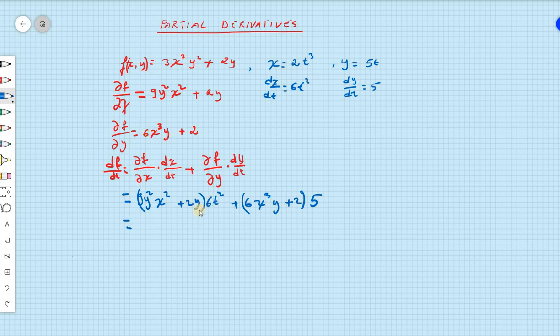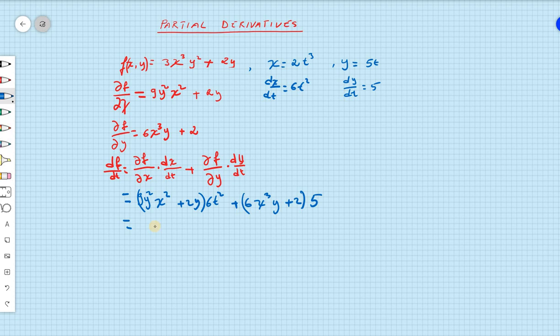And you can also replace, now that this is basically your result there, right? You can go ahead and factor out, develop all these, and also replace x and y by the actual values here, since they're asking you to get the derivative with respect to t. So we'll go ahead and do that.